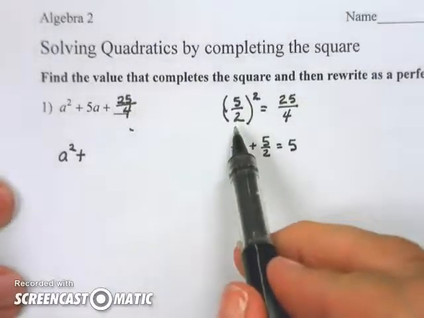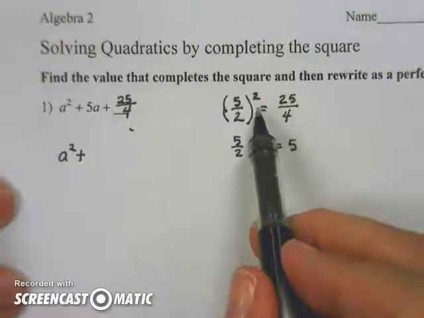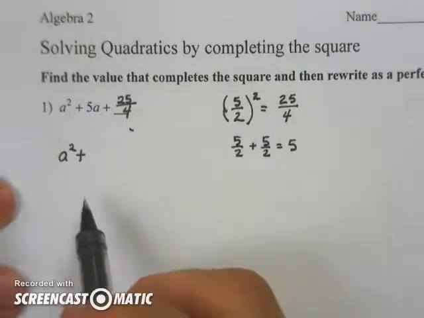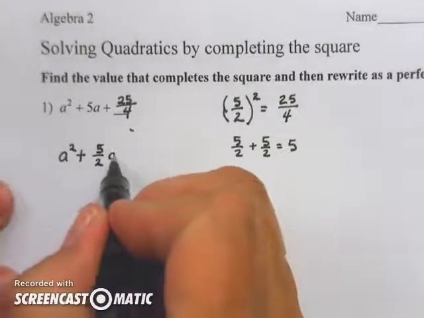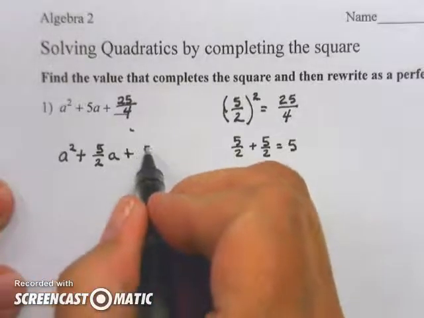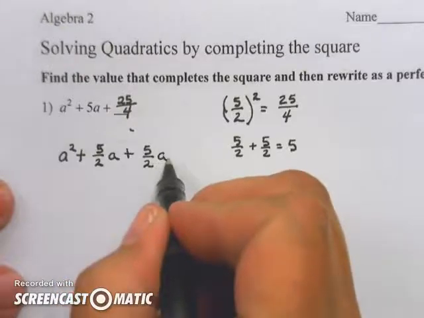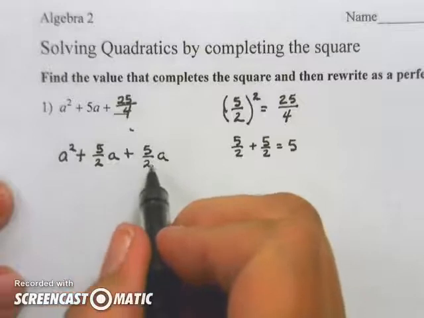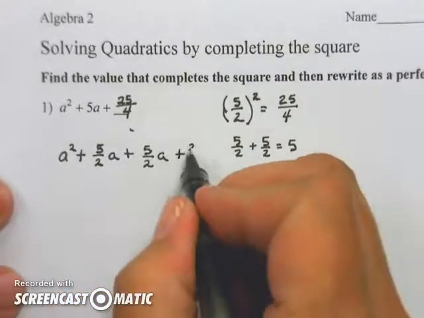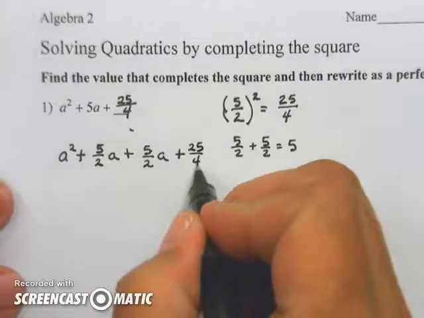But if I multiply 5 halves times itself, it gives me the 25 fourths. So I'm going to break down my middle term of 5a into 5 halves a plus 5 halves a plus 25 fourths.